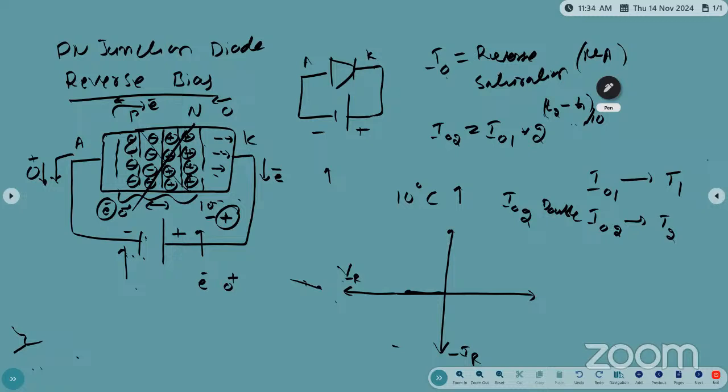After the damage, the current will increase suddenly. This voltage is called the breakdown voltage of the PN junction diode under reverse bias. That is the VI characteristics of the PN junction diode under reverse bias.